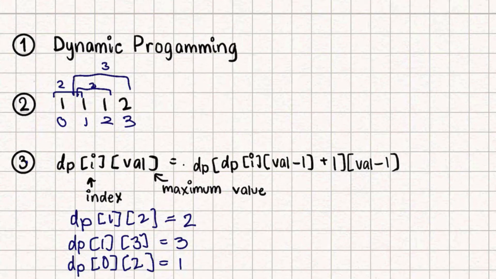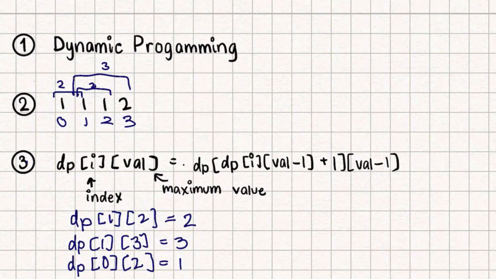So why is this DP useful? The question asks for the greatest possible value we can make. And when we create this DP, we're going to start off by initializing all of our values to -1. So if we have a range, which is dp[i][j], or dp[i][val], and the value is not -1, that means there's a valid way, starting from this i index, to get this value.